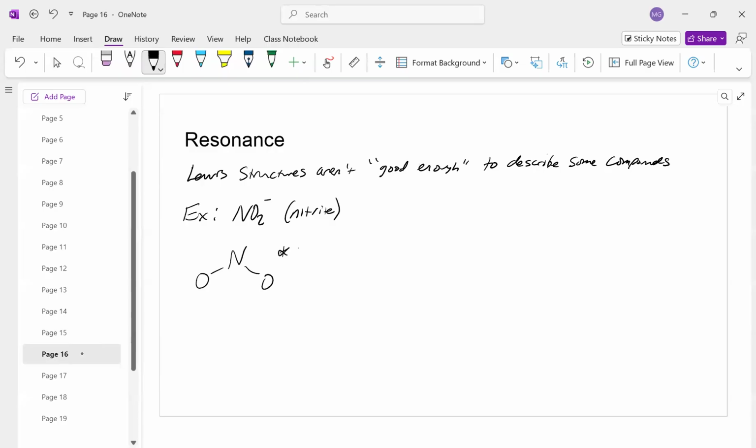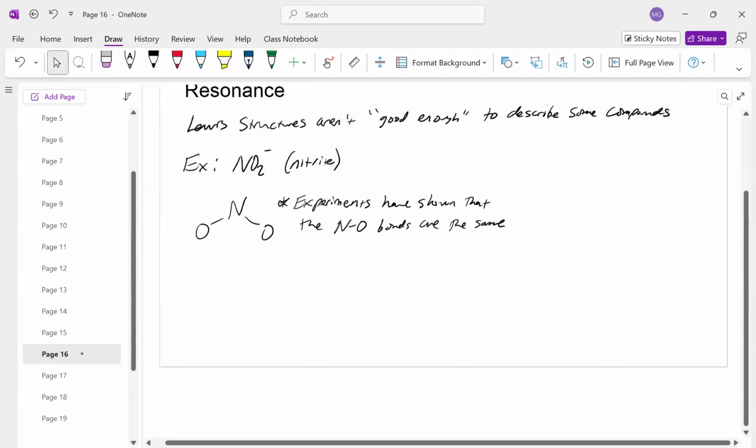And what's interesting is that real life experiments have shown that both nitrogen oxygen bonds are the same.